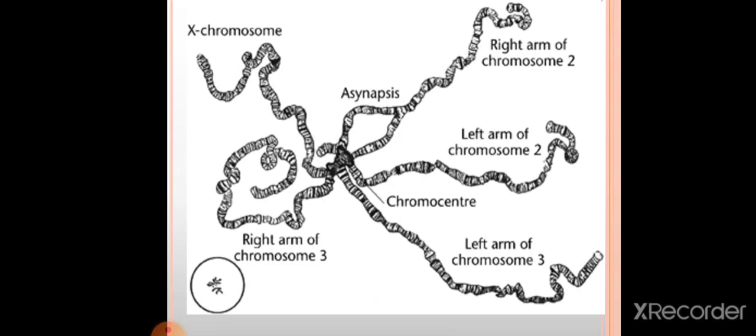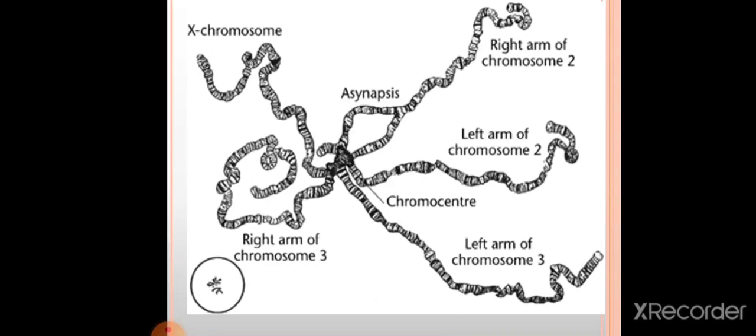One long limb corresponds to the X chromosome, and the remaining 4 long limbs are the arms of the second and the third chromosome. So in the figure you can notice there are 2 arms, the right arm and the left arm. The right arm of the second chromosome is normally referred to as 2R, and the left arm of the second chromosome is referred to as 2L.